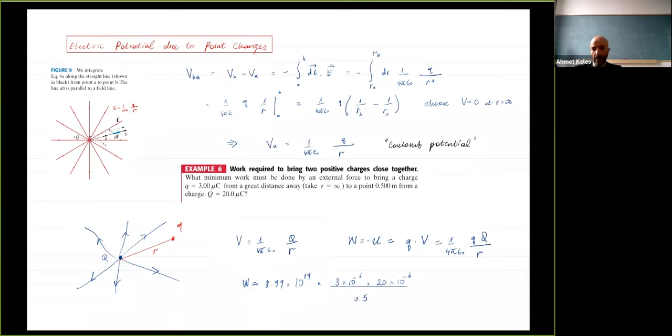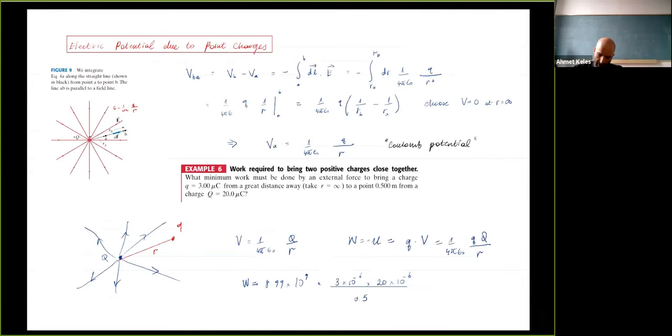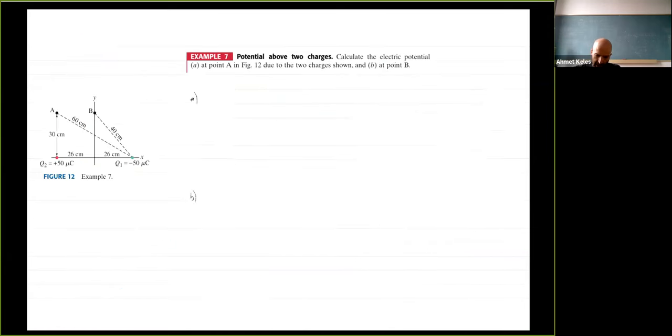Is that correct? Oh, sorry, 10 to the 9. All right, so this is equal to 1.1 times 10 to the 3 times, let's count the powers: 6, 12 minus 9 is equal to minus 3. There's plus 3 here, so this whole thing is something like 1.1 joule.